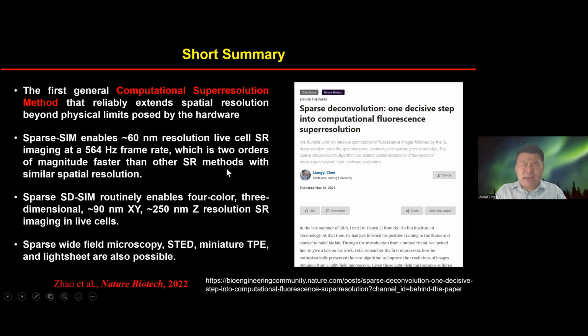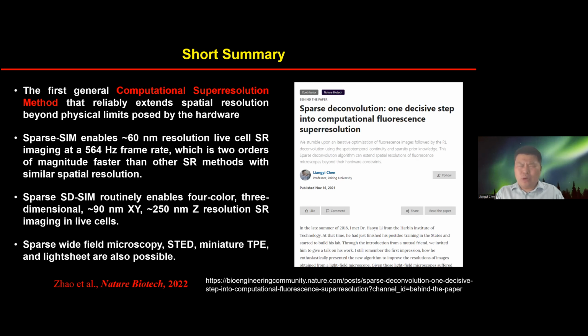And if we combine it with our 2D structured illumination microscope, it can enable 60 nanometer resolution at 564 Hertz frame rate. And it can also be combined with the spinning disk SIM, which is easy to use and enables full color 3-dimensional 90 nanometer lateral and 250 nanometer axial resolution in live cells.